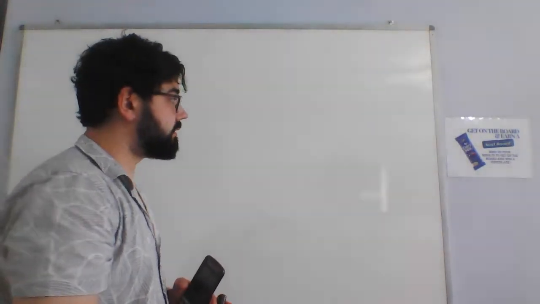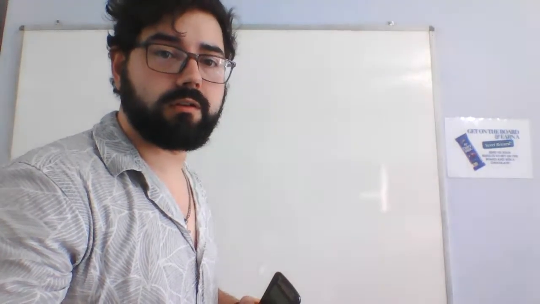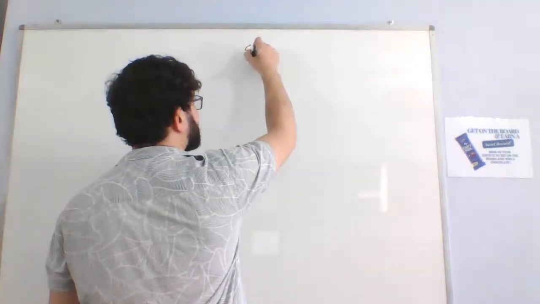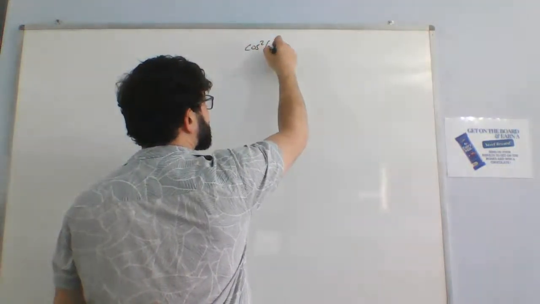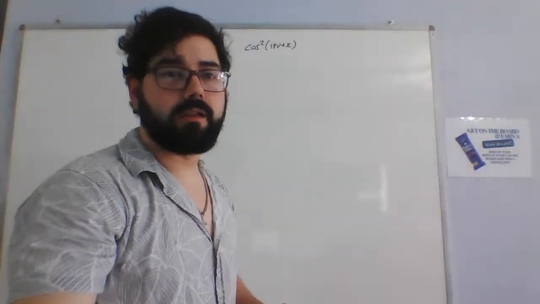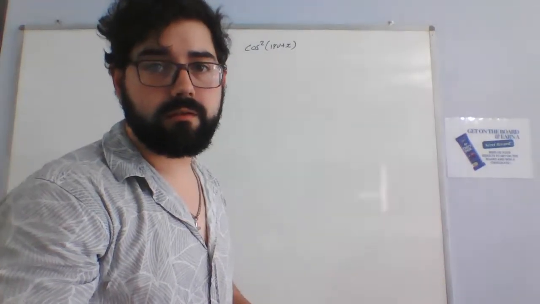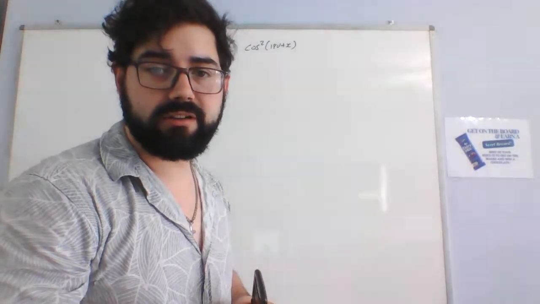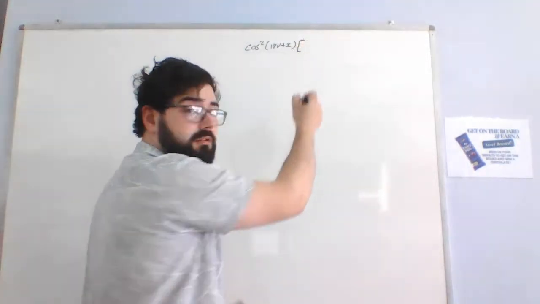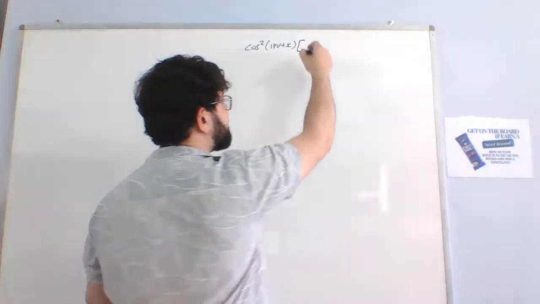Okay. So what we were looking at there was cos squared of 180 plus x, and then we've got a square bracket there with a couple of brackets inside of it.